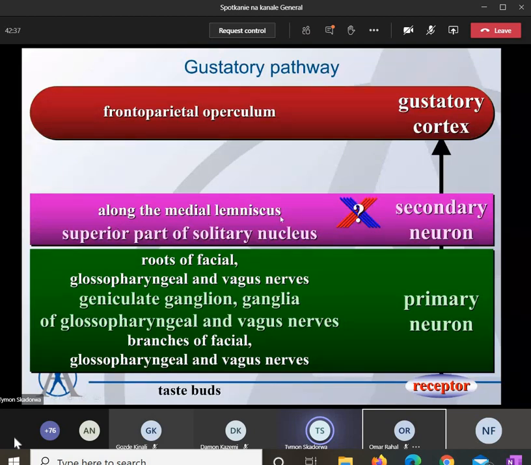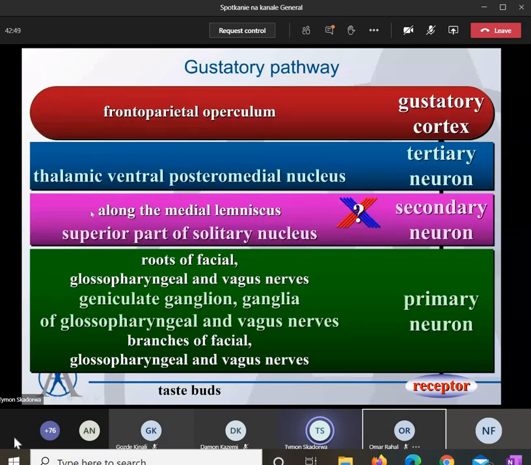This is something that you probably know from the last lecture. The medial lemniscus was related to the deep sensation pathway. Now, if there are any crossings, we don't know exactly, but we know that the fibers reach the ventral posteromedial nucleus, the VPM nucleus in the thalamus, and then with the sensory radiation they enter the frontoparietal operculum.